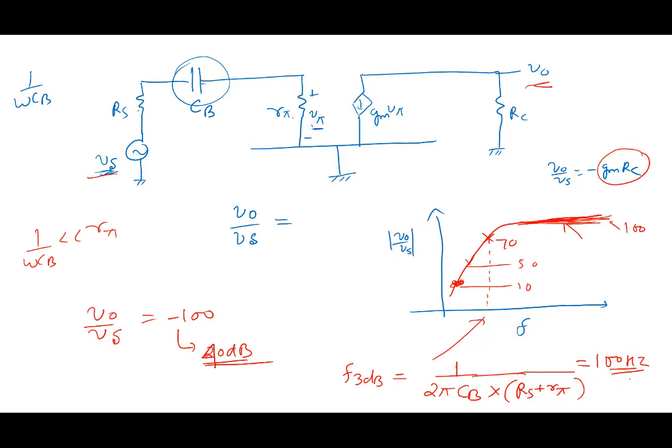Now for some application you want to amplify a signal which is not 100 Hertz but maybe 40 Hertz. Will you go and use this amplifier to amplify a 40 Hertz signal? What is the issue?